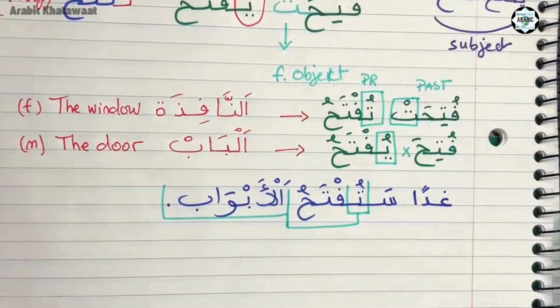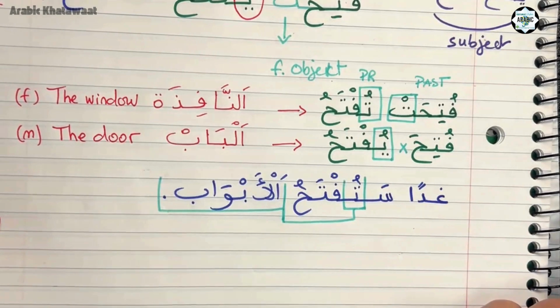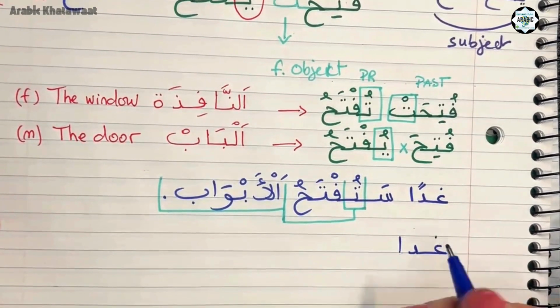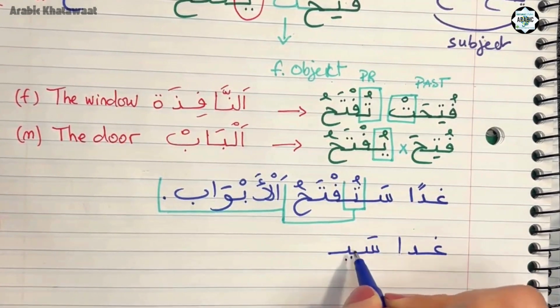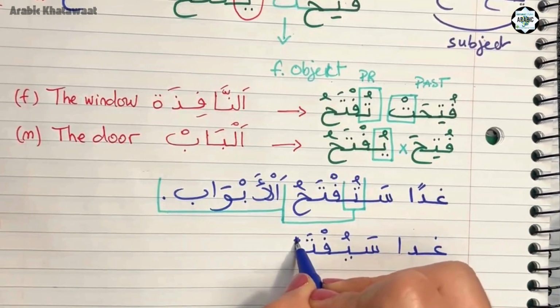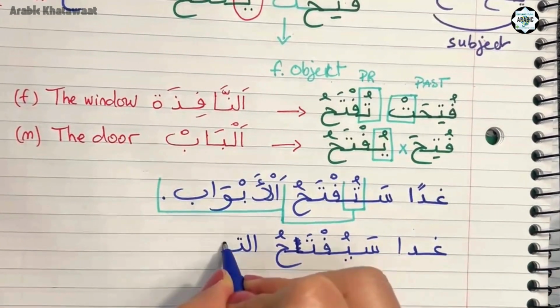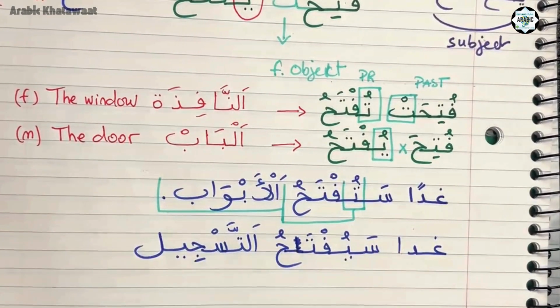Now, if I change doors, and I would say students, I can use, actually, let me use another verb with فتح. غدا سيفتح التسجيل. So التسجيل is a gerund, which is registration.